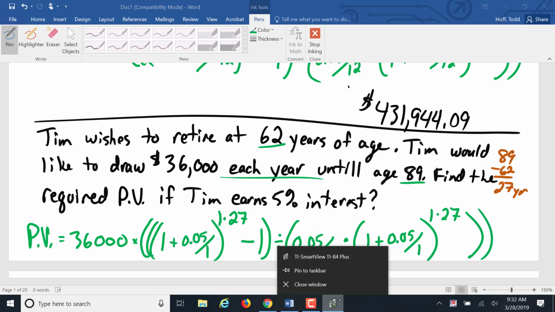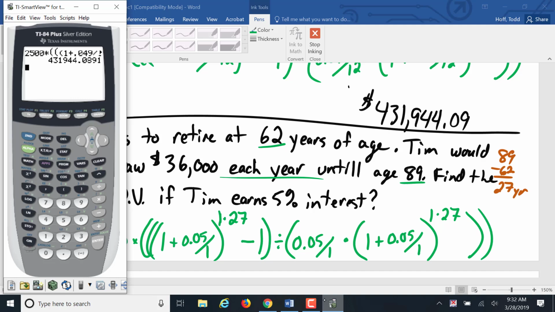So let's punch this one in, see what we come up with. 36,000 times 1, 2, 3, open parentheses, 1 plus 0.05 divided by 1. Now, realistically, you don't have to put in the divided by 1. It's not going to change anything. To the power of, again, 1 times 27. Similarly, you don't need to put in the 1 times 27.